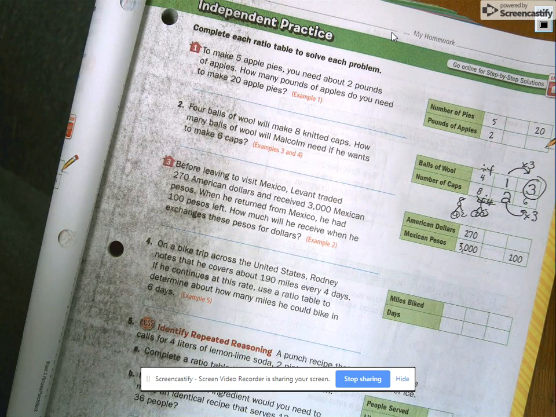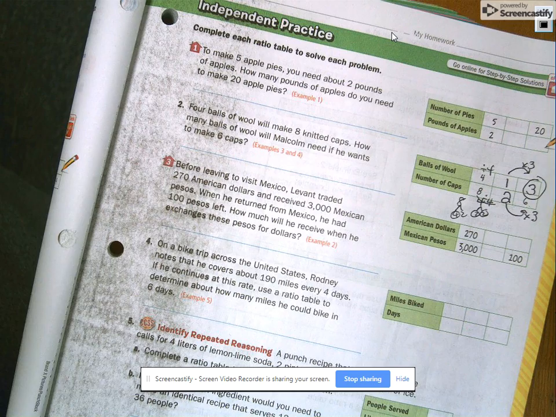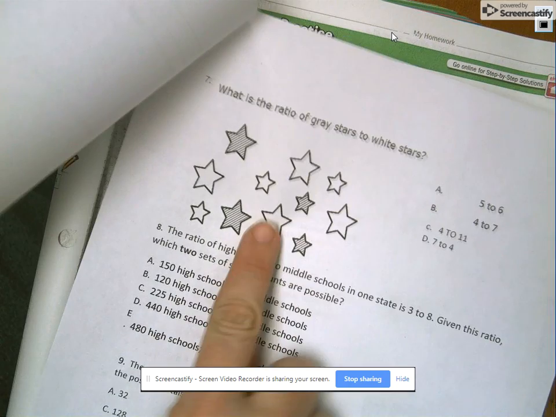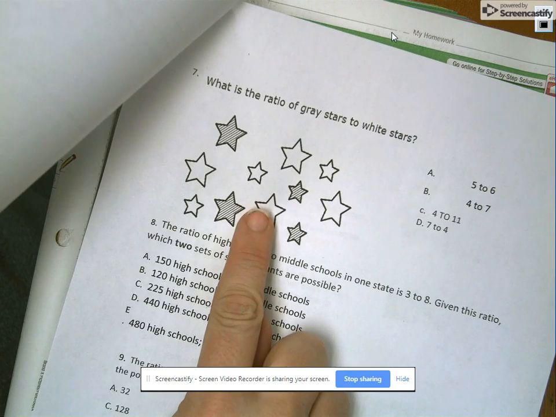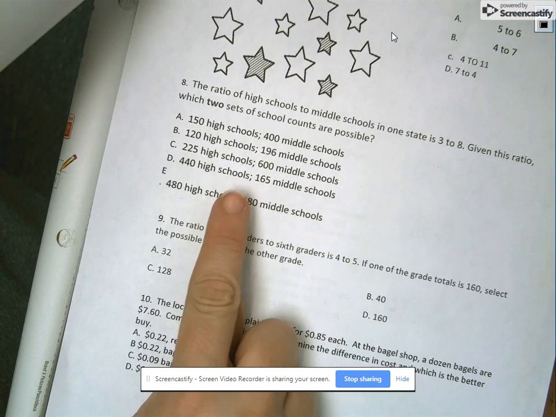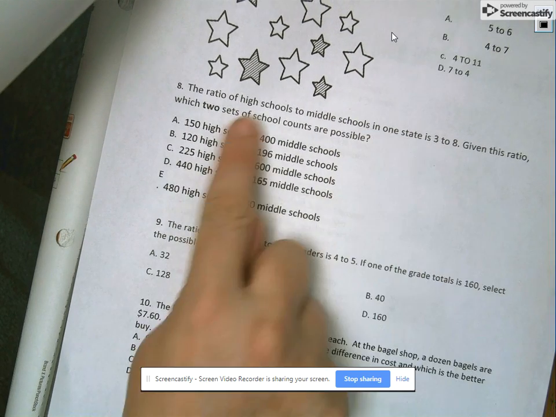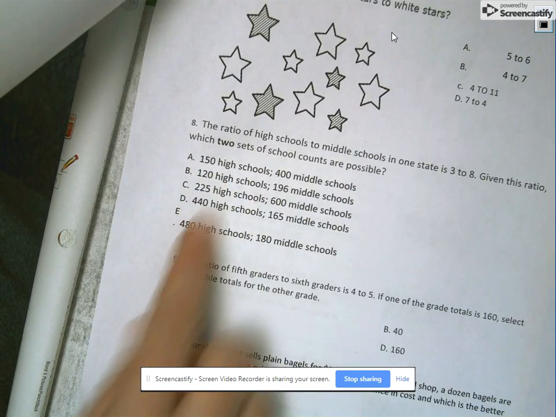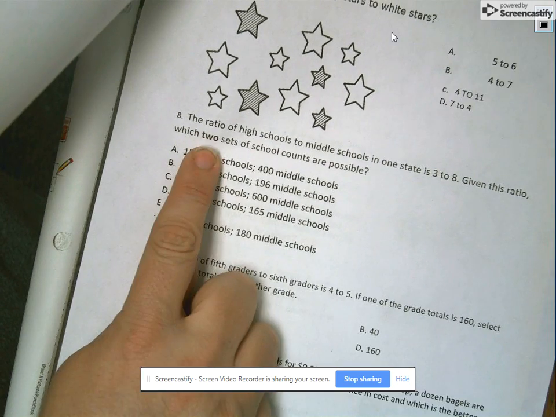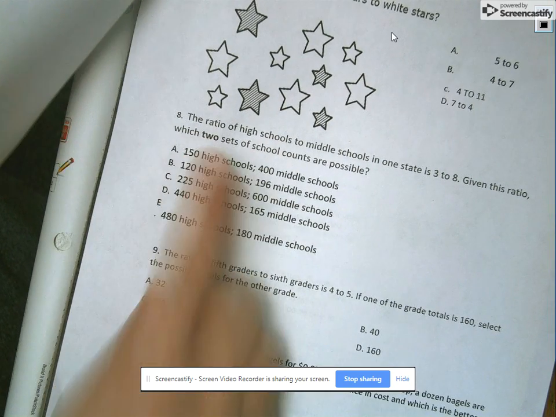What's that ratio? Number 7 on the back, how many white stars compared to how many gray stars? Okay, and then number 8, if this is your ratio, which one of these are in the same ratio family? There's 2 answers, so make sure to circle 2.